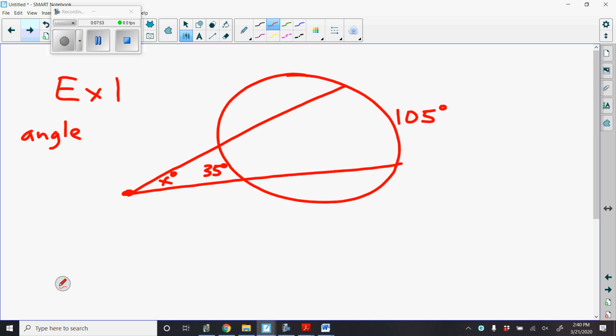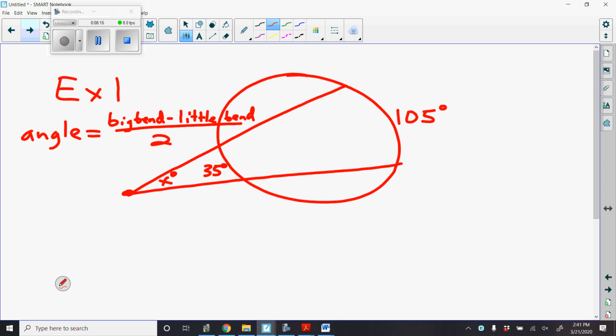It's not inside of the circle. If it was, I'd do it like yesterday's video and do bend plus bend over 2. But this is exterior, so I got to do angle equals big bend minus little bend over 2.